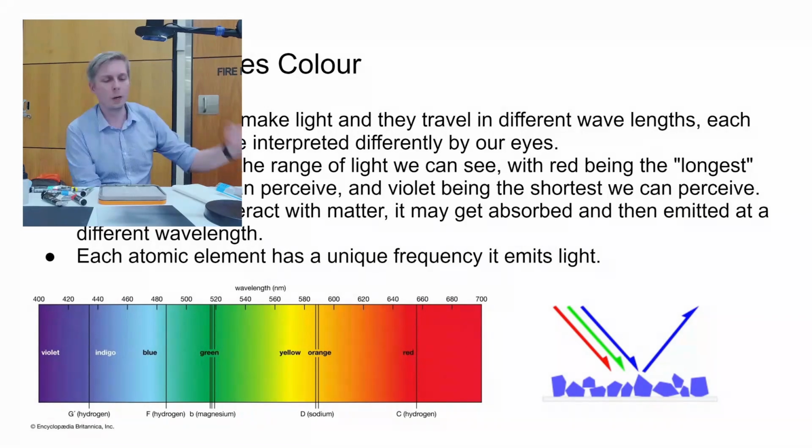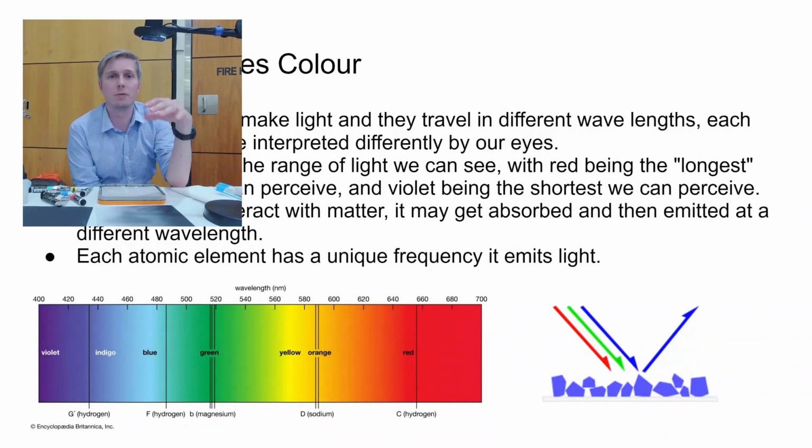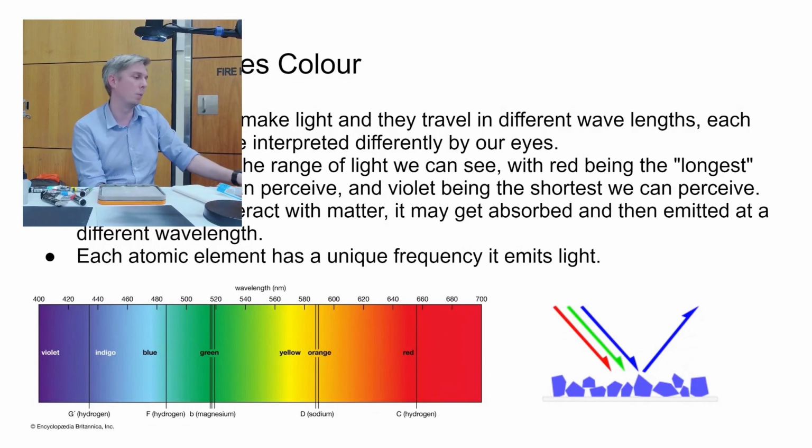When a photon hits something and bounces off, it will change its frequency based on the elements it hits. I'm not actually sure exactly how it works, but that basically means that each atomic element will have a unique color associated with it, which will feed back into later with what we're doing.